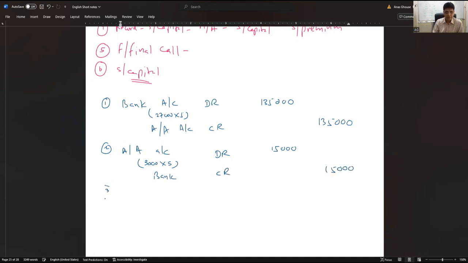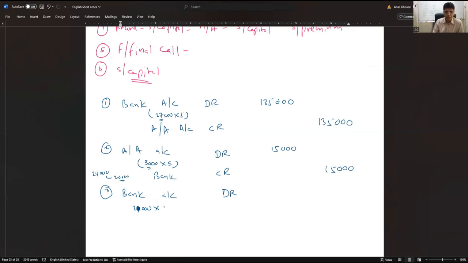Then thirdly, allotment money received. So what you need to do is debit the bank account for 24,000 shares, because 27,000 minus 3,000. Now, you will be receiving for 20,000 shares on a pro rata basis, because 24,000 shares applied and 20,000 were allotted on a pro rata basis.